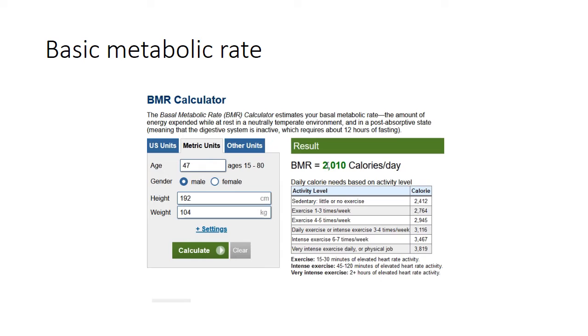Yeah, now the numbers are better. I have a basic metabolic rate of 2,000, and if I have daily exercise, which I usually do, it's around 3,100 calories I need a day to neither gain nor lose weight, and that fits pretty well with my own calculations when I monitor myself.